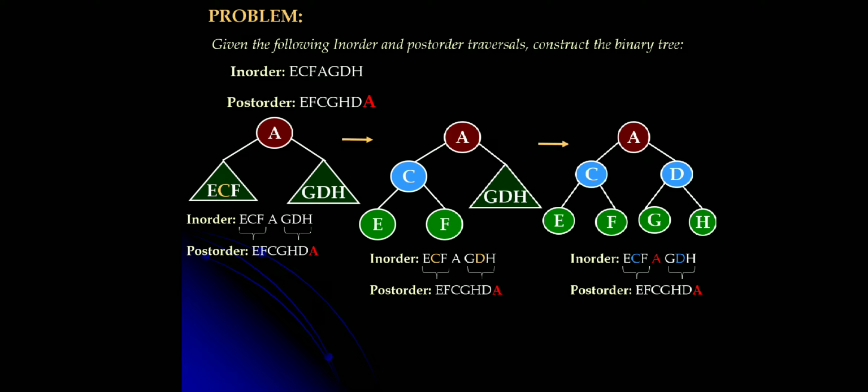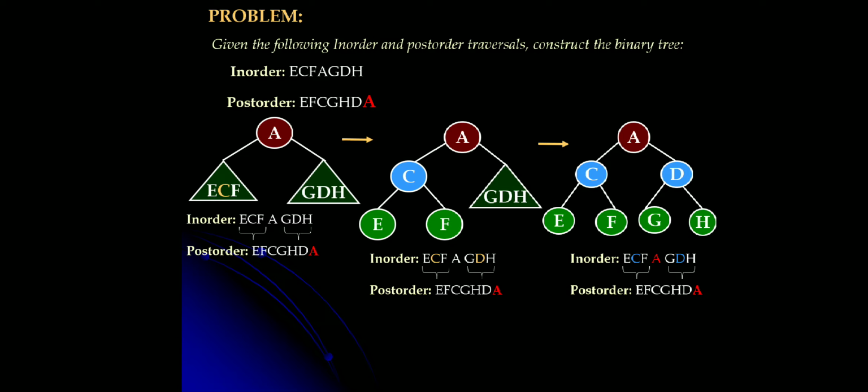So what you have to remember is, given in-order and pre-order or in-order and post-order, you can construct the binary tree. In post-order traversal, the last node will be the root node. In pre-order traversal, the first node will be the root node, right?